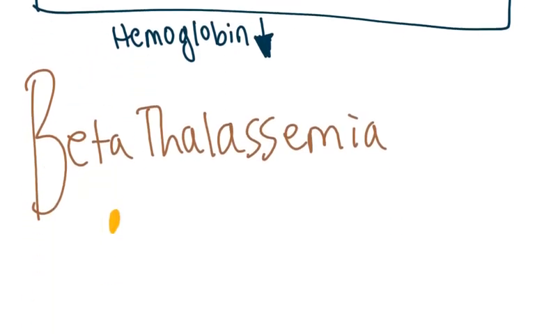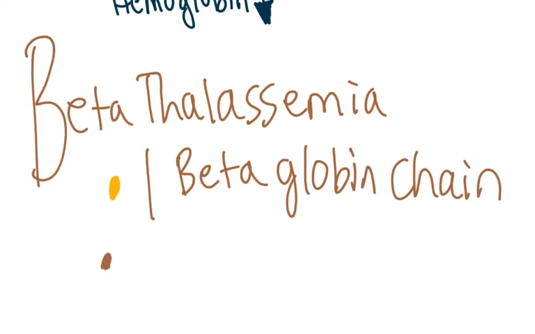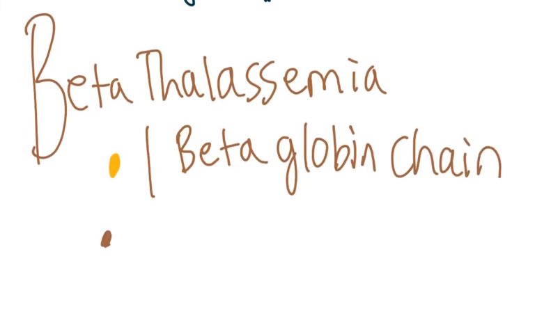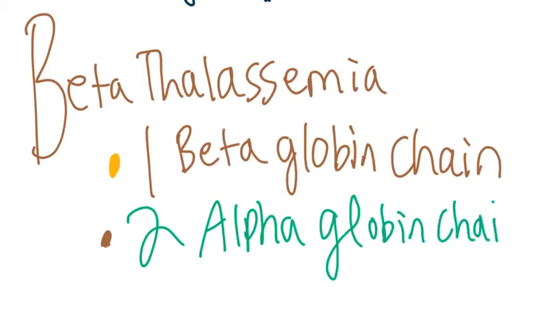Remember, we have 4 globin chains, 2 alpha, 2 beta. So we're going to have one beta globin chain and 2 alpha globin chains in our hemoglobin.